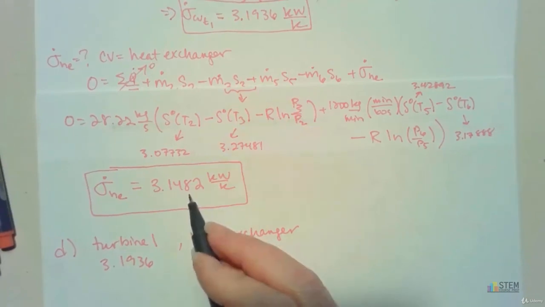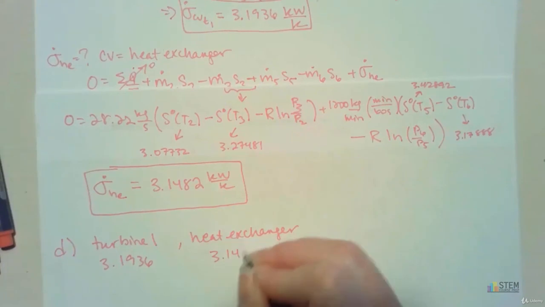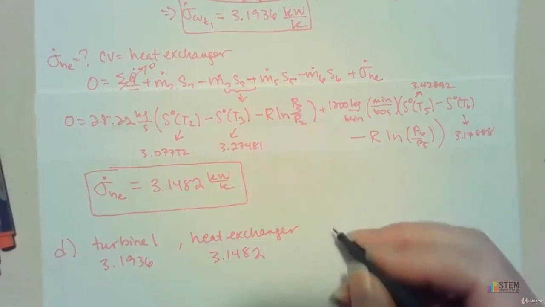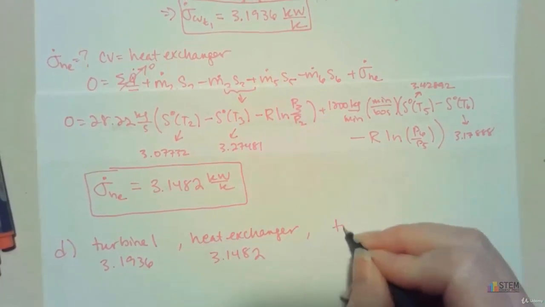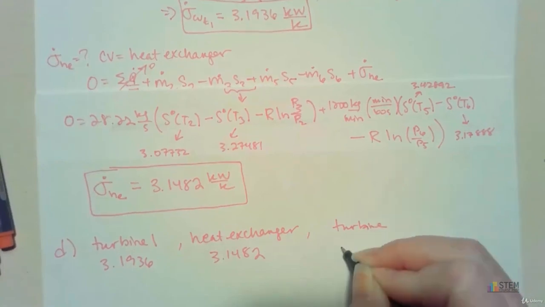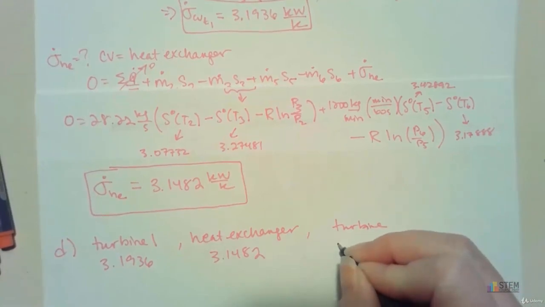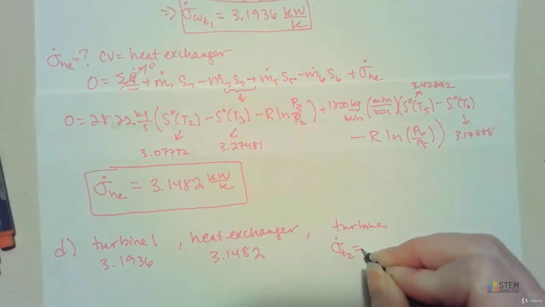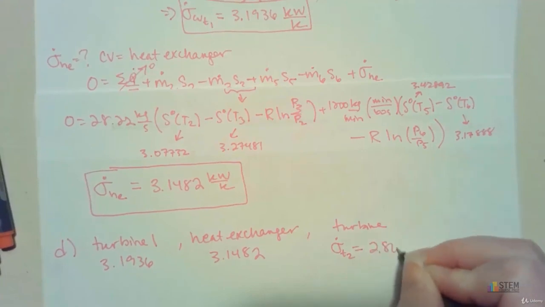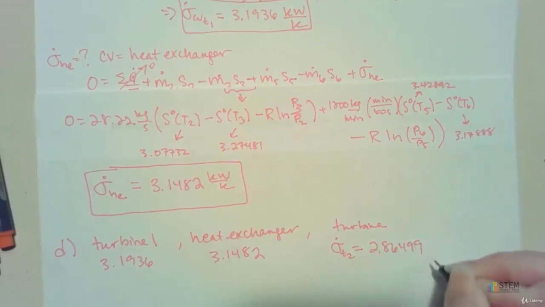It was 3.1482. And then for the other turbine, its entropy rate production was 2.86499. Alright, so now we got that.